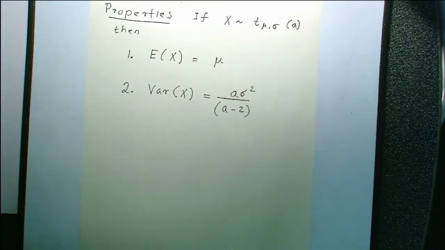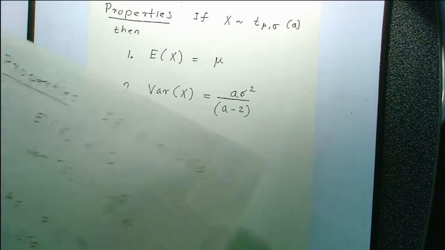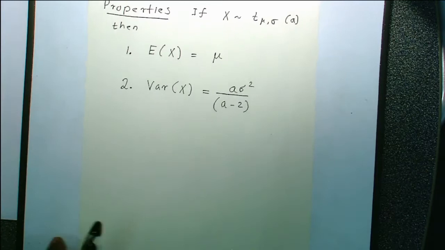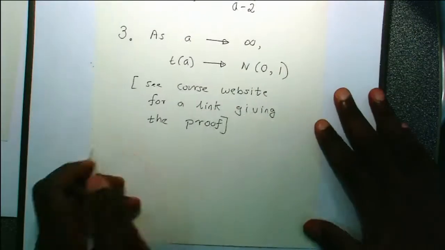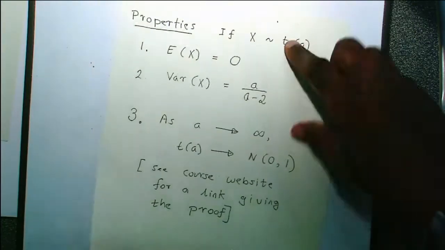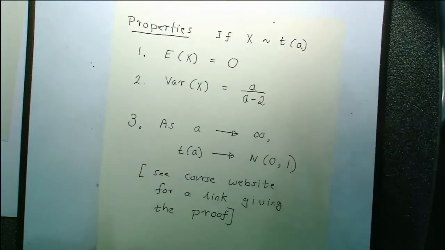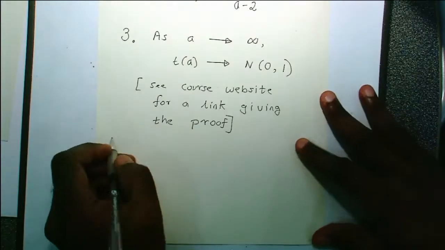One thing I forgot to mention before it is too late: there is a property number 4 for the standard t distribution.